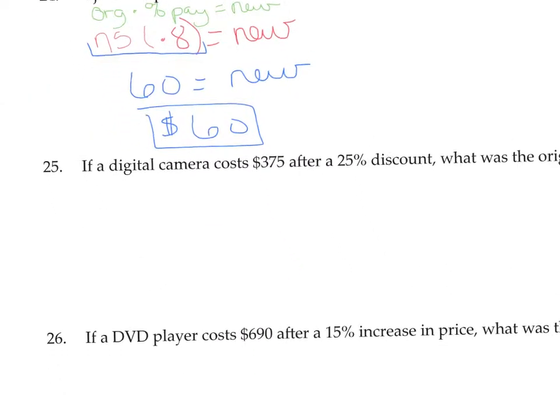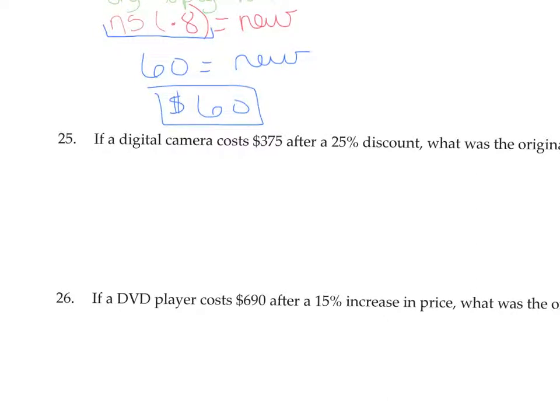On number 25, if a digital camera cost $375 after a 25% discount, what was the original cost? I'm going to use the same formula. The original times whatever percent you're paying equals the new.